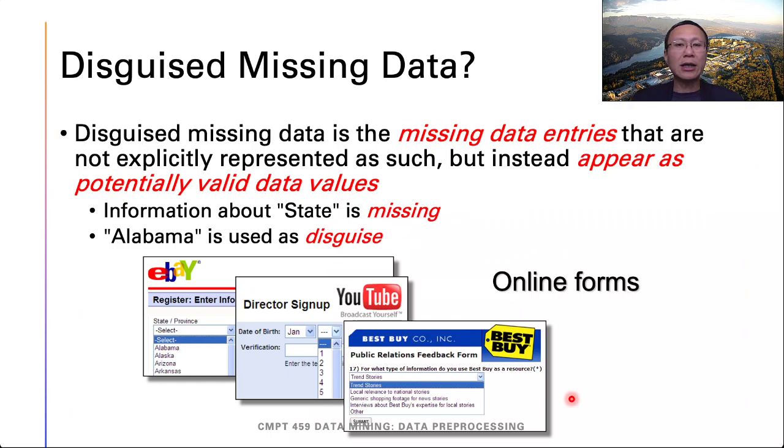Indeed, they do not really randomly pick a value, and due to convenience, they will probably pick the first value in the list. For example, people quite often use Alabama as their state because when you click the link, Alabama shows up first.